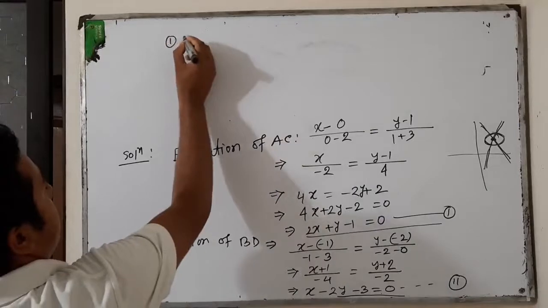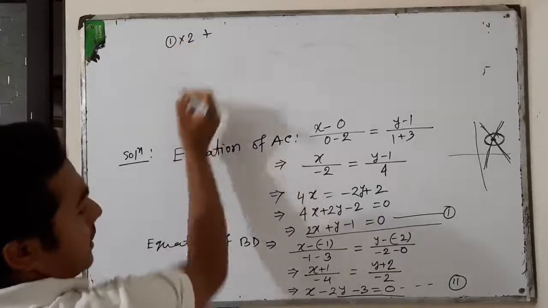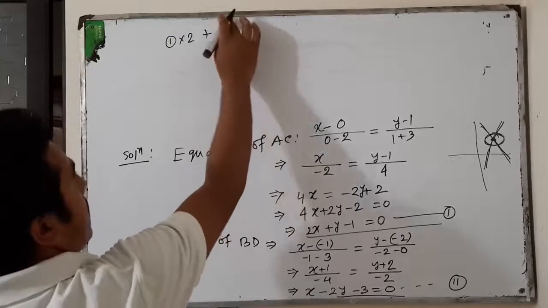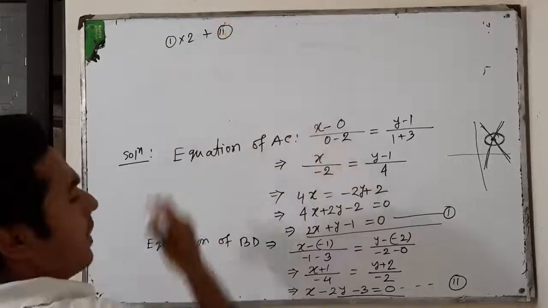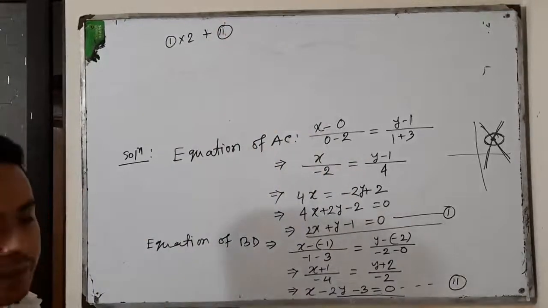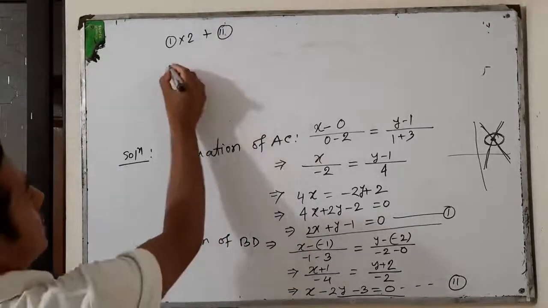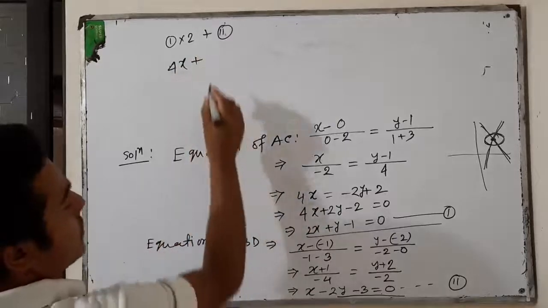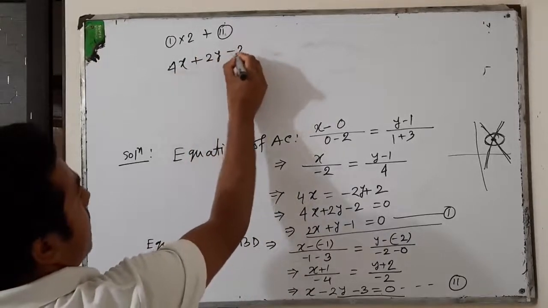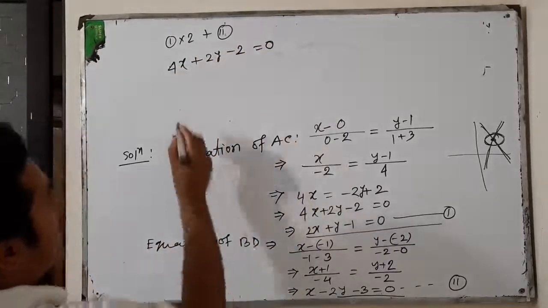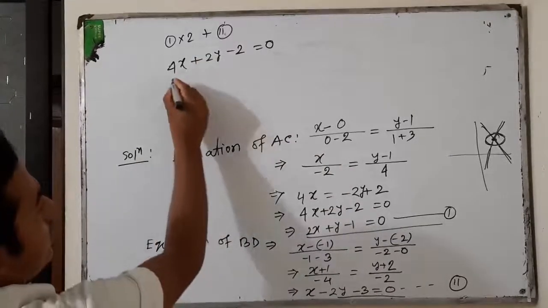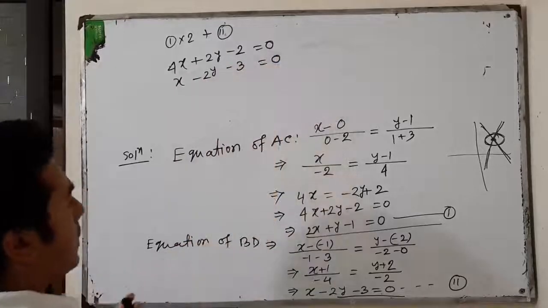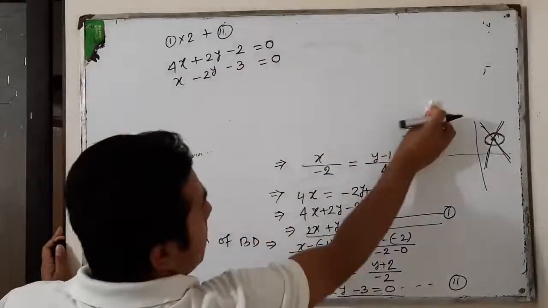Equation 1 is multiplied by 2, then added to equation 2. We want to apply the elimination process. So this is 4x plus 2y minus 2 is equal to 0, and equation 2 is x minus 2y minus 3 is equal to 0. Then we can solve.